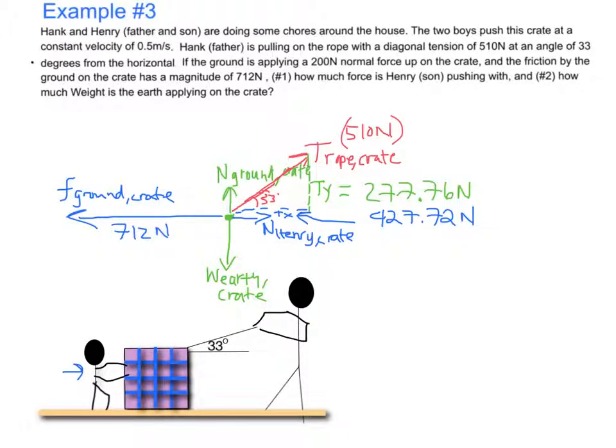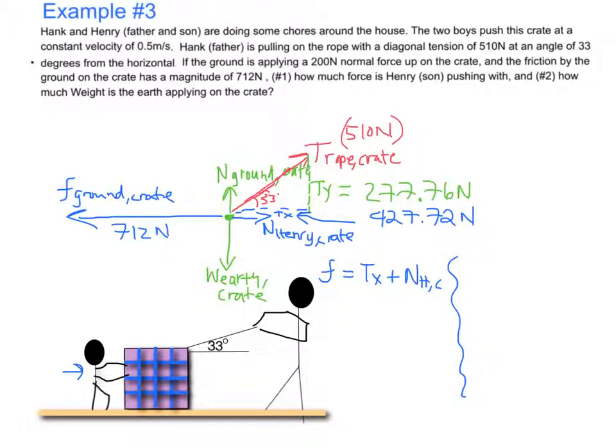So if I set up a little equation for horizontal forces, we know that friction has to equal Tx plus the normal force by Henry on the crate.